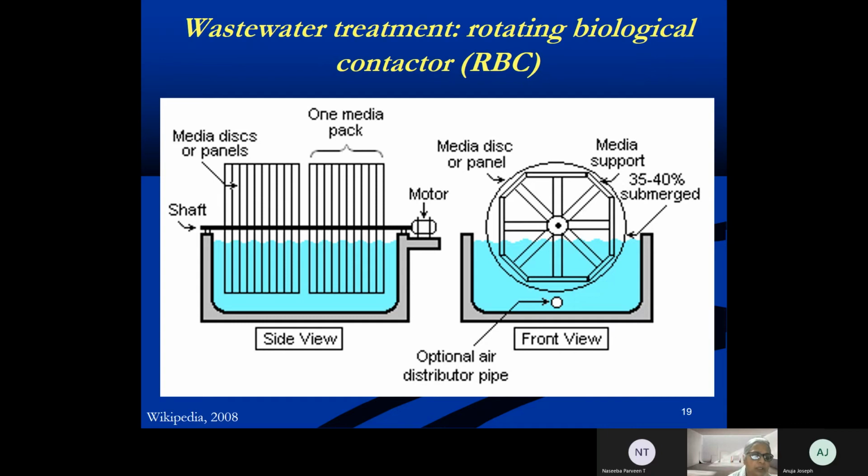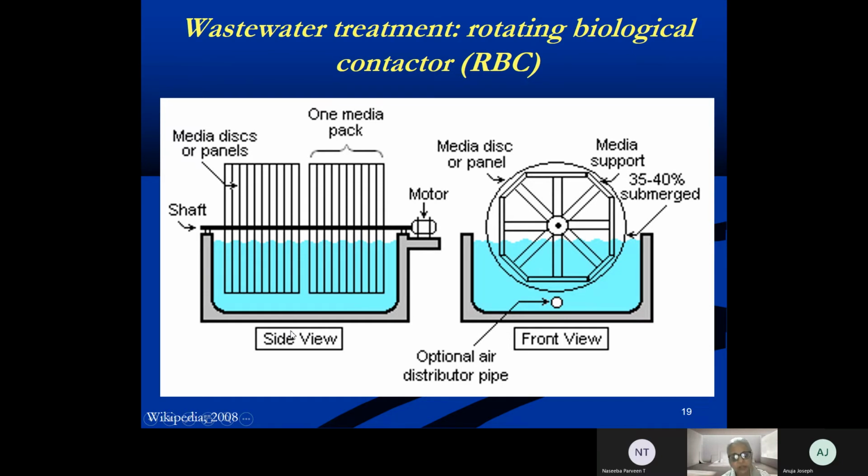And this biomass and the disc have to be as light as possible, and the whole thing is rotating at all times. The water is in the tank, so this entire biomass is alternately going first into the water, then into the air, back into the water, back into the air. So this is something that's happening.